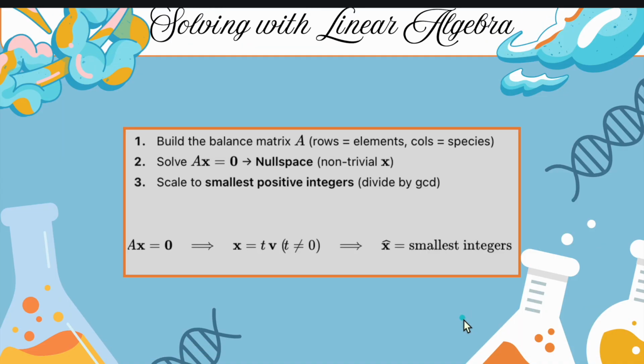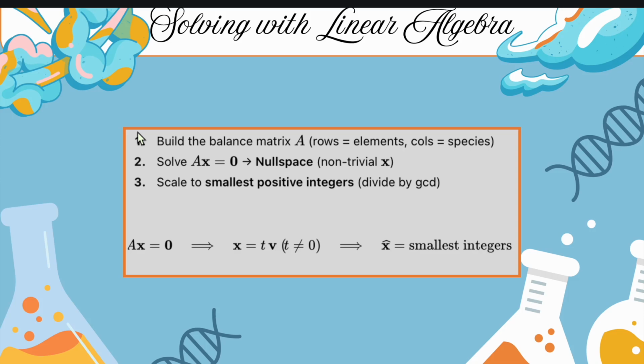Now, going on to slide 5, we will generalize the method. The first step is to build the balance matrix. Rows are elements and columns are species. The second step is solving the homogeneous system.